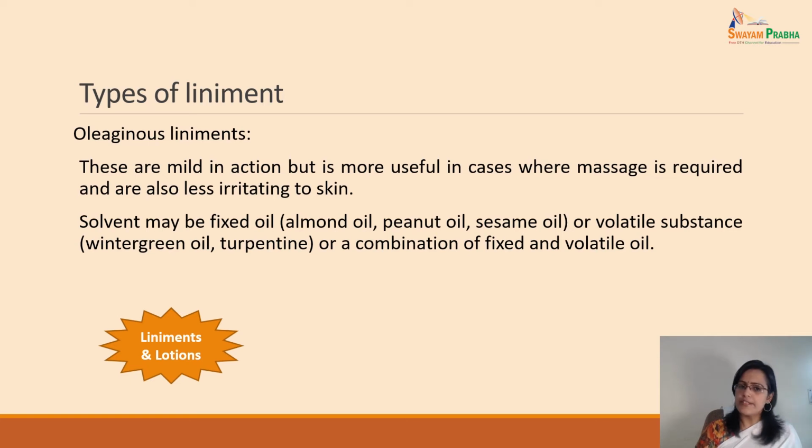The solvents used for oleaginous liniments are fixed oils like almond oil, peanut oil, sesame oil, or volatile substances like wintergreen oil, turpentine oil, or a combination of suitable fixed oils.